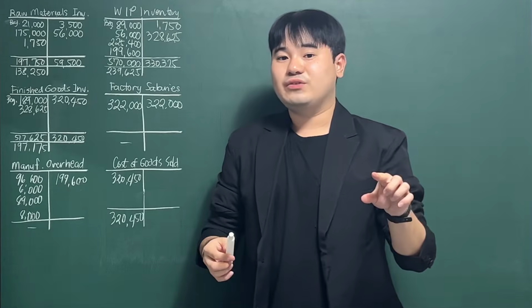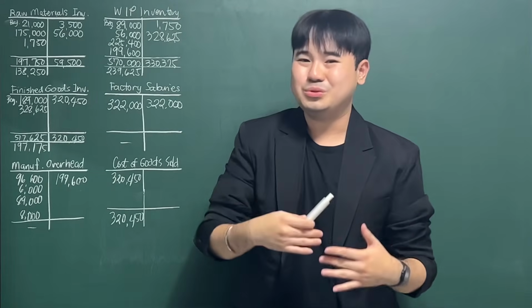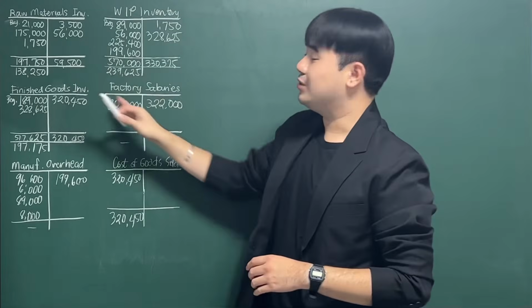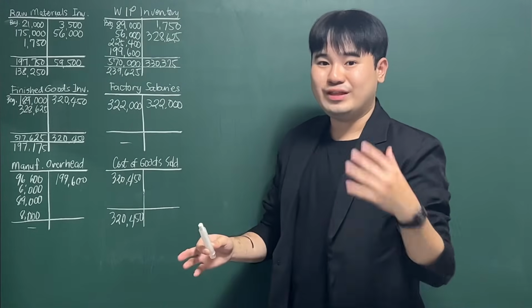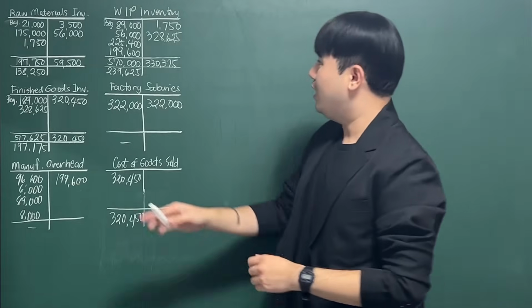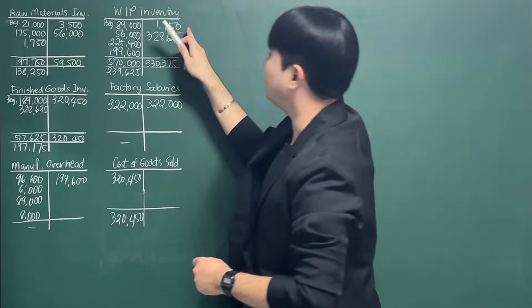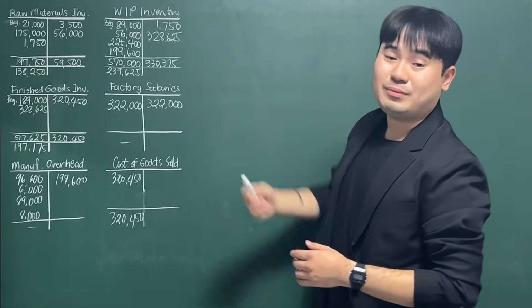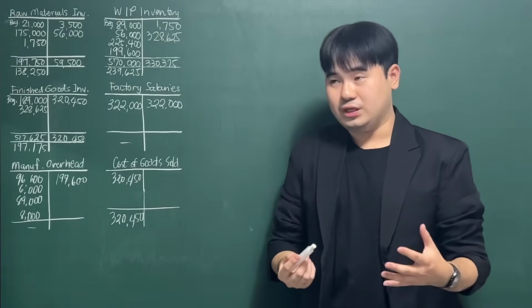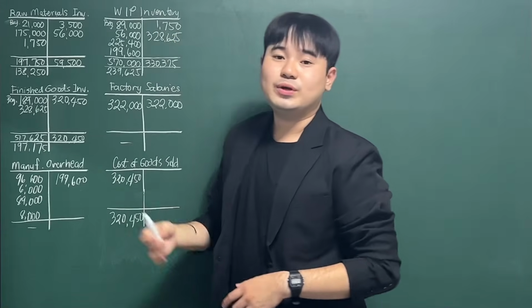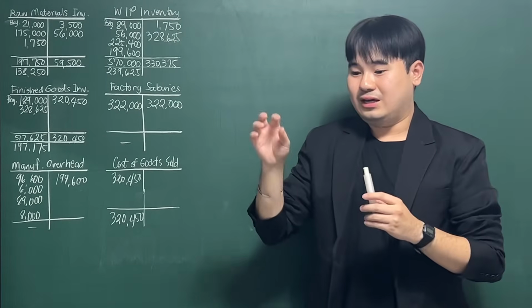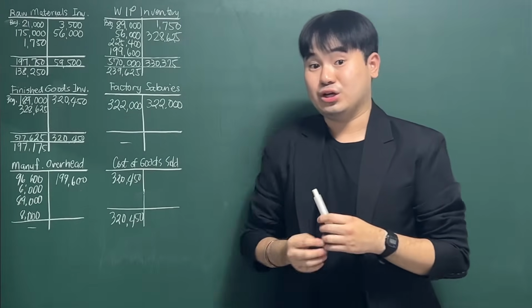That 1,750 can also be a purchase, but we can also look onto the other T accounts to know if that is really a purchase or not. However, as you can see, we have here a credit in the work in process inventory with the same amount of 1,750. Now, credits in the work in process inventory account actually means that it is something that went out of the production process.